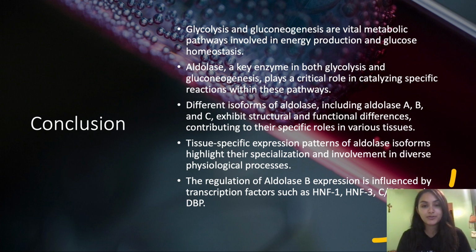Furthermore, we explored the different isoforms of aldolase, namely aldolase A, aldolase B, and aldolase C, understanding their structural and functional differences. Each isoform exhibits unique tissue-specific expression patterns, indicating their specialized roles in various physiological processes.